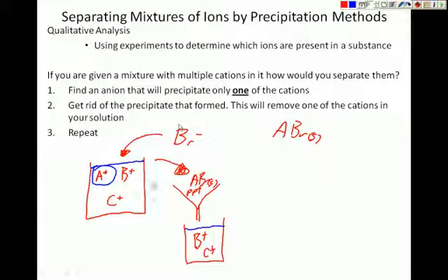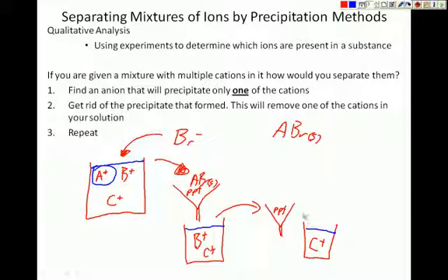Okay, and then we can do this one more time and find another anion that will only remove one of these cations, and we do it again. Take this, put it through a filter, and get another precipitate. Maybe this time it'll filter out B plus, and then all we have is a solution left with C plus in here.